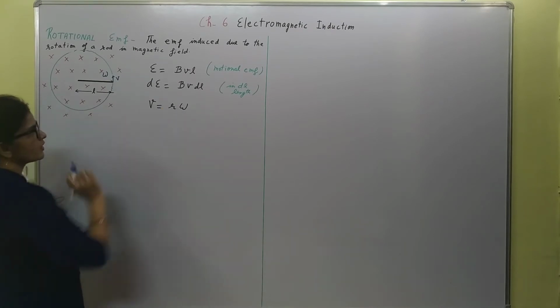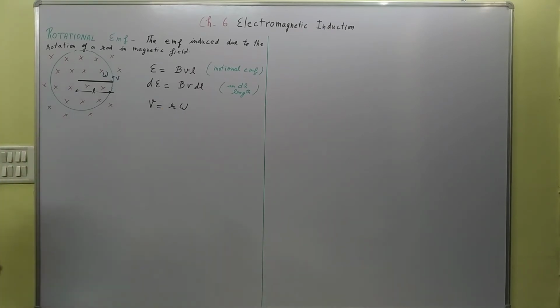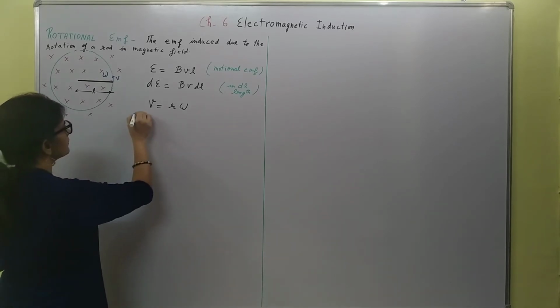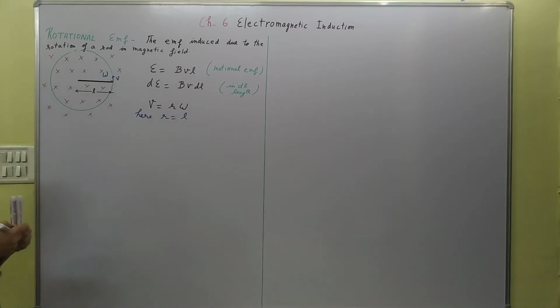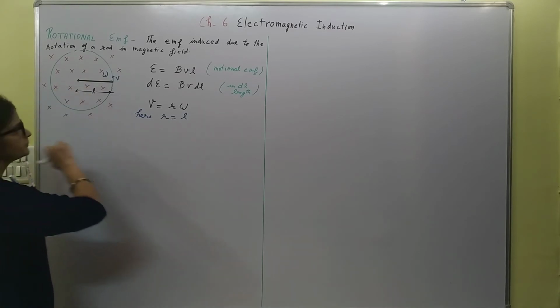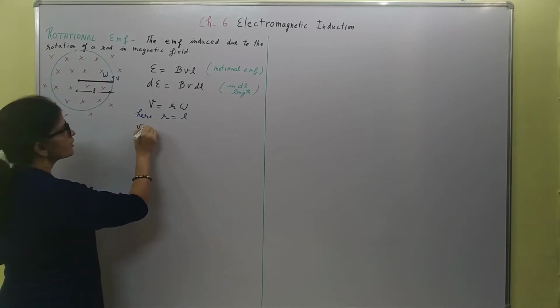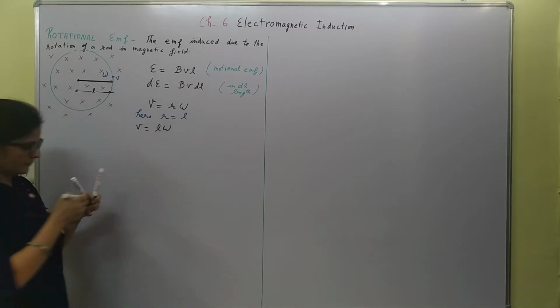So v is r omega, where r is the radius of the circle it is making. So here r is equal to L, and v is equal to L omega can be written.